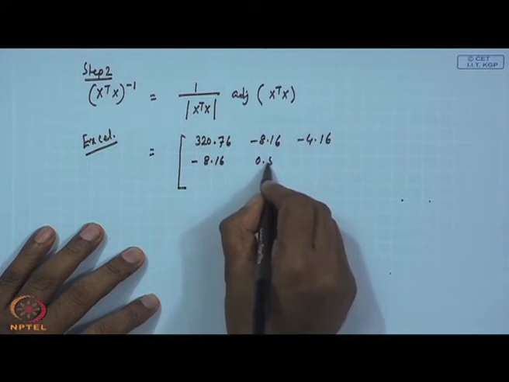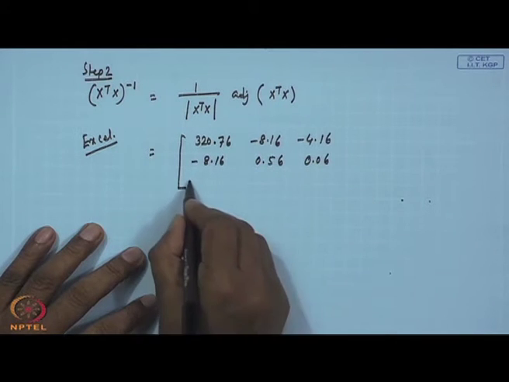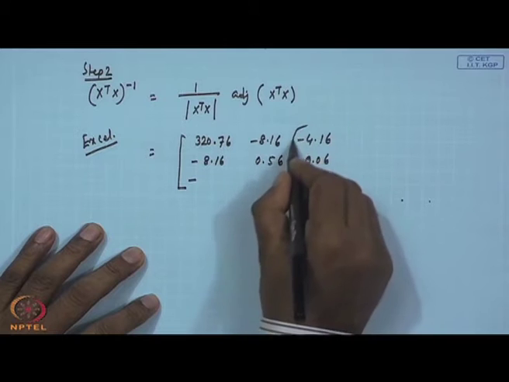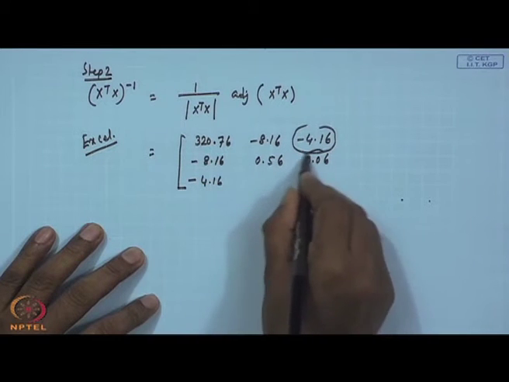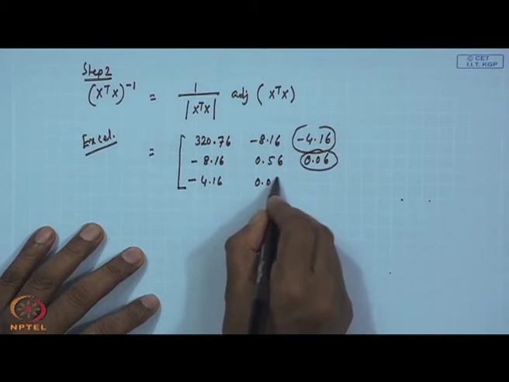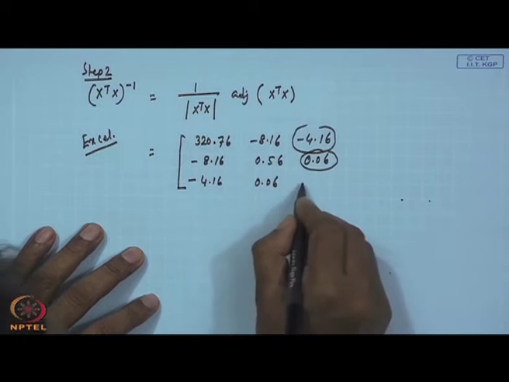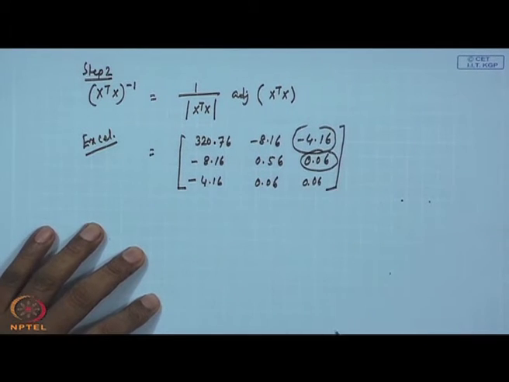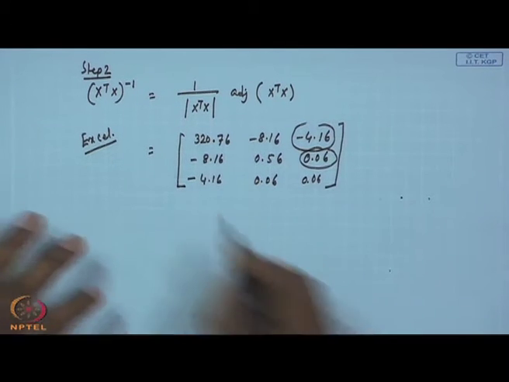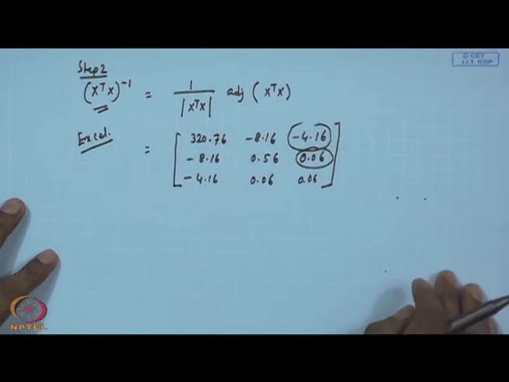Then this one is 0.56, this one is 0.06. So this value will repeat here. So minus 4.16, this value will repeat here, 0.06, then the last term is 0.06 also. This is what is X transpose X inverse.